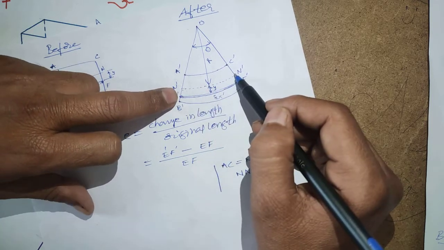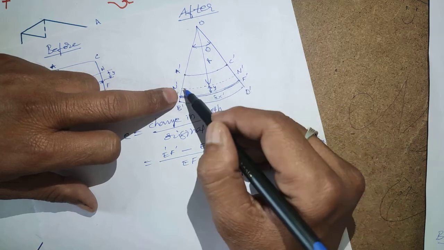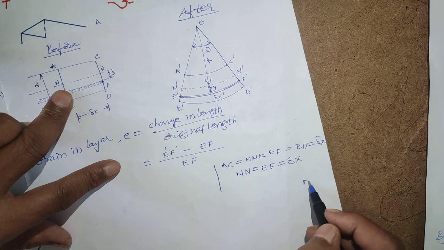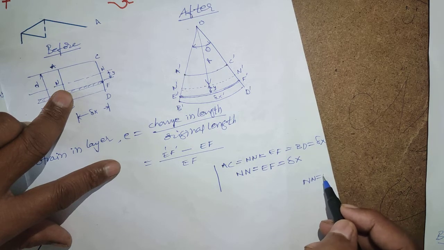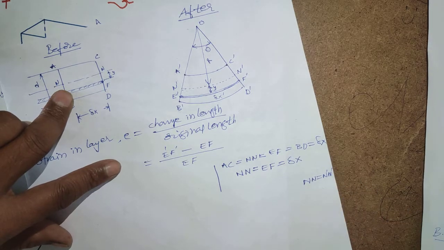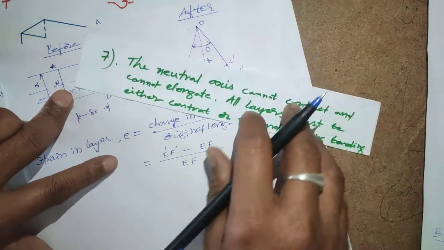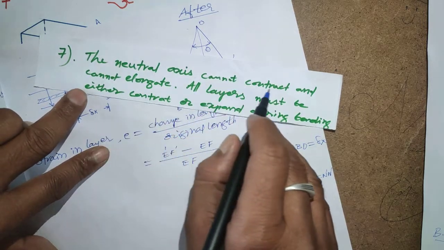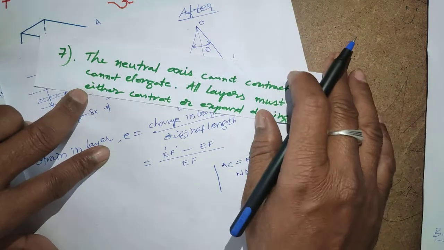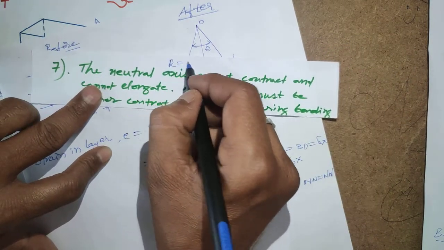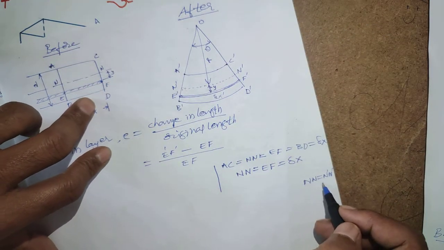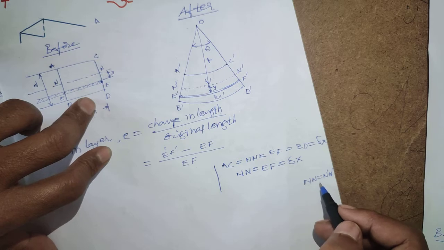N dash cannot change. N dash length and N length are the same. According to our assumption number 7, the neutral axis cannot contract and cannot elongate. Okay. So the length of the neutral axis is constant. So that's why N dash is equivalent to N.